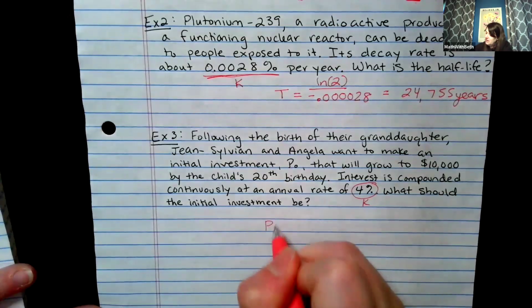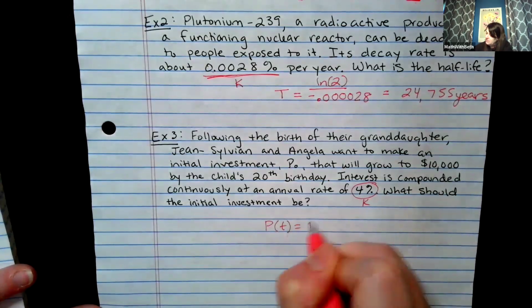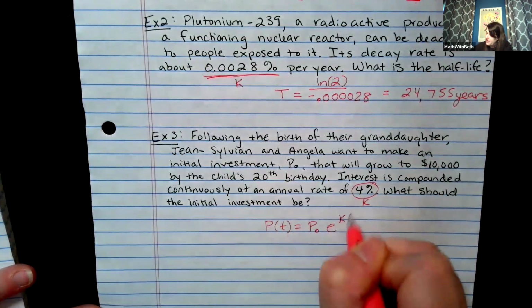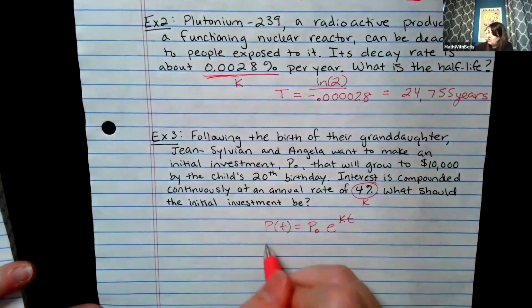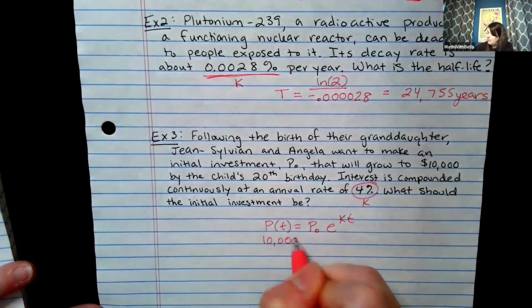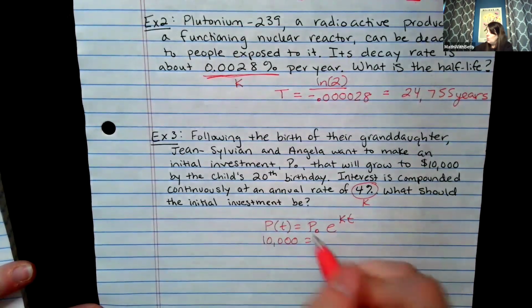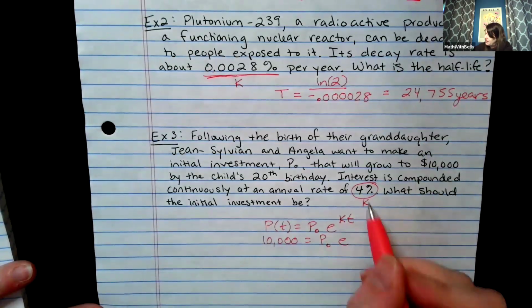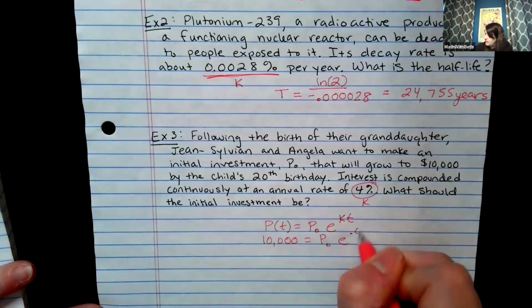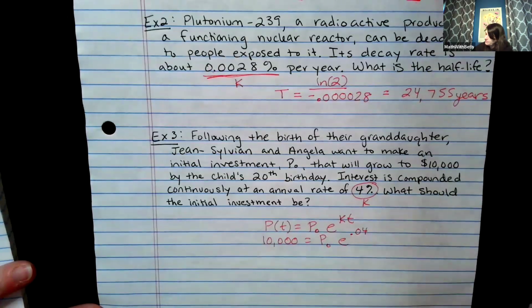So we're basically talking about this type of case, but what they've really given me is the present value. They want to know, if we want to end up with $10,000, what should this initial investment be? And they gave us the k, so we just need to make sure to make it a percent.